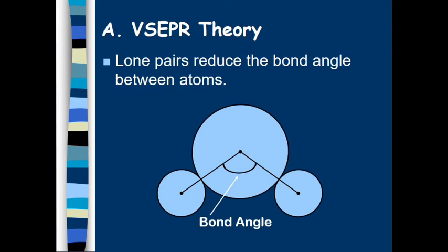And if you had, for instance, the one we looked at earlier, and it looks like that bond angle is 180 degrees, well, if there happens to be a lone pair of electrons on our central atom, they will repel more strongly. They push down on the bonded pairs on each side and reduce that bond angle. So instead of 180 degrees, you'll have something less than 180 degrees. And we'll talk about some of those angles today too.